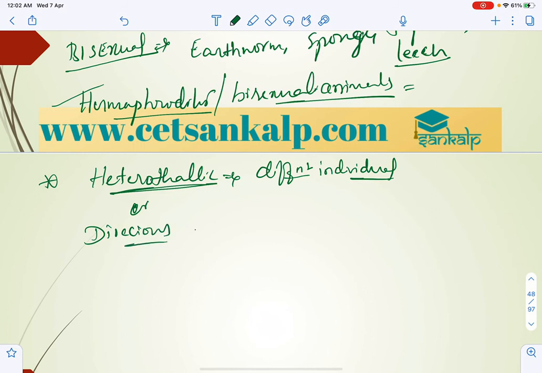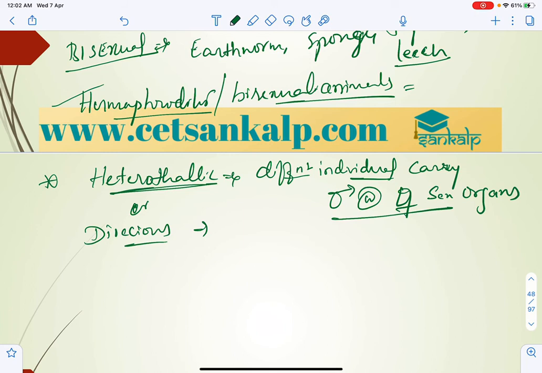dioecious. These are different individuals that carry male or female sex organs, not both. Here only one sex organ will be there. In plants we use dioecious, in animals unisexual. So here we can write cockroach, the best example of unisexuality.